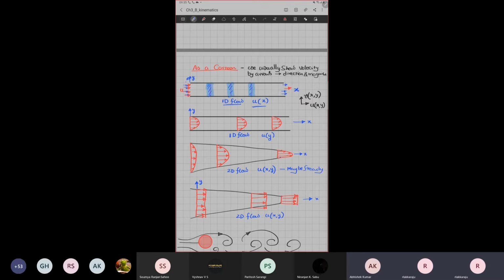It may not be only u. Even v can depend only on y, or v depends only on x, or v depends only on z, only on one spatial coordinate. If so, we will call it 1D flow. Can you give me another example of one-dimensional flow in reality, what you might see? Can you guess?